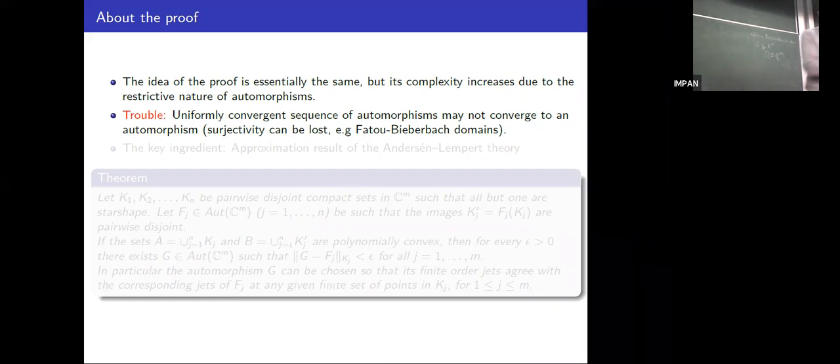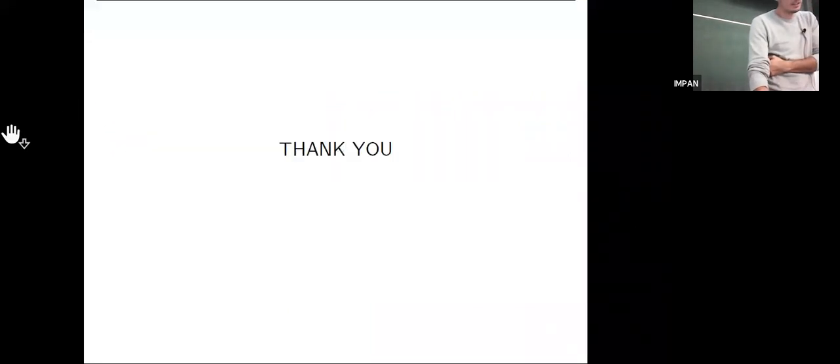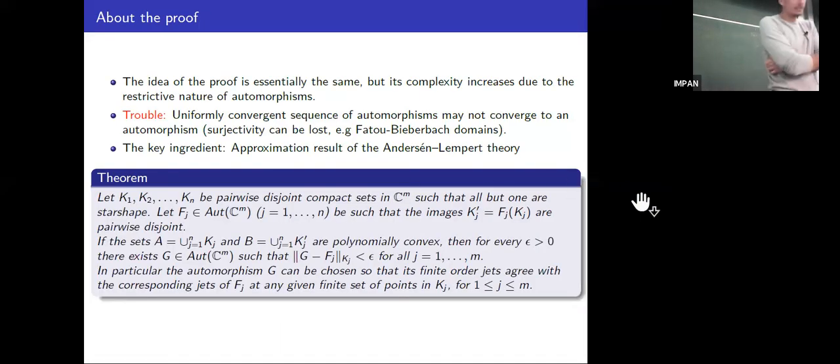It's not a trivial part, but it can be done. The key ingredient for the proof is a similar approximation theorem to the Runge theorem for entire functions. We have something similar for automorphisms, which is called the approximation results of Anderson-Lempert theory.